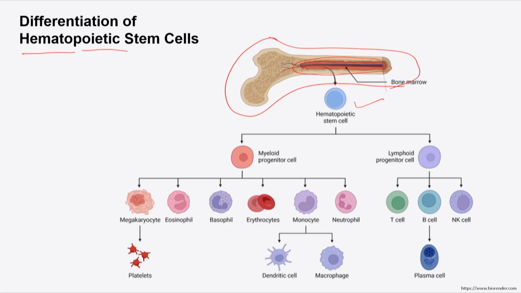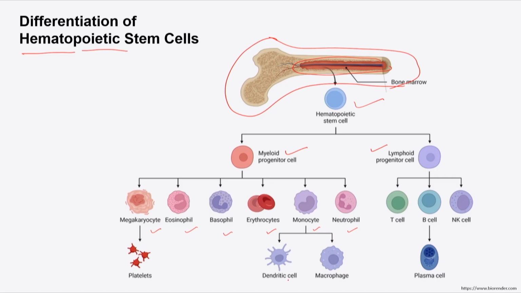If we have a hematopoietic stem cell, the two most prominent progenitor cell types coming out are called myeloid and lymphoid. Myeloid progenitor can give rise to multiple different cell types such as megakaryocyte, eosinophil, basophil, erythrocyte, monocyte, and neutrophils.